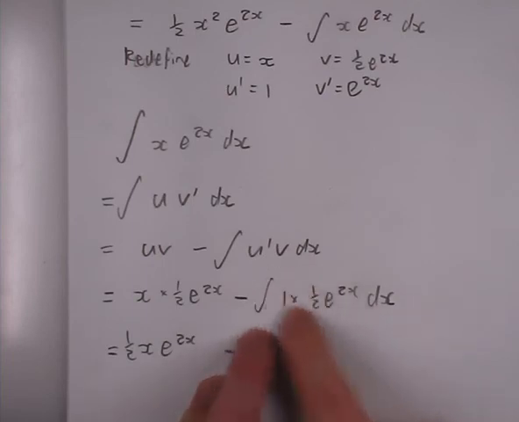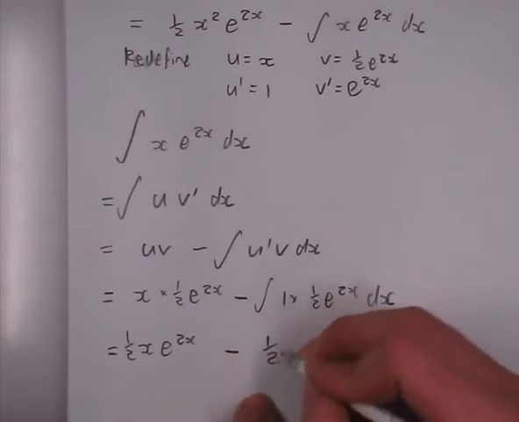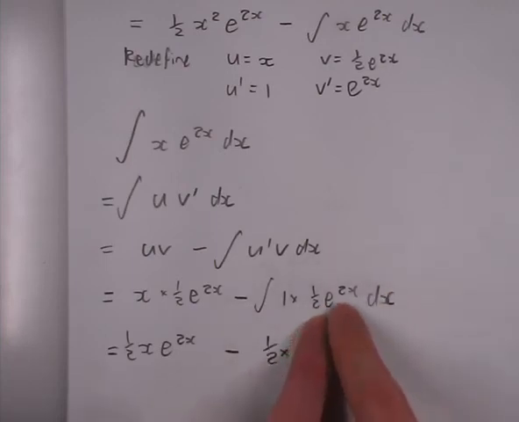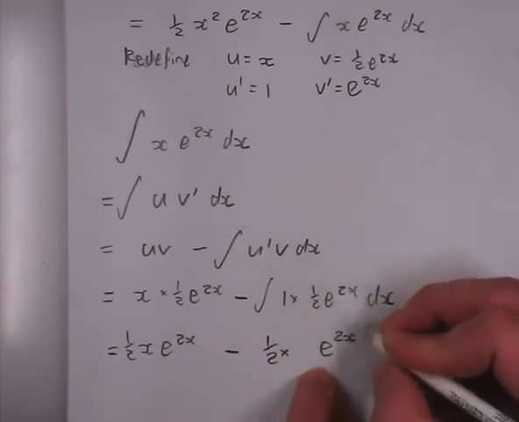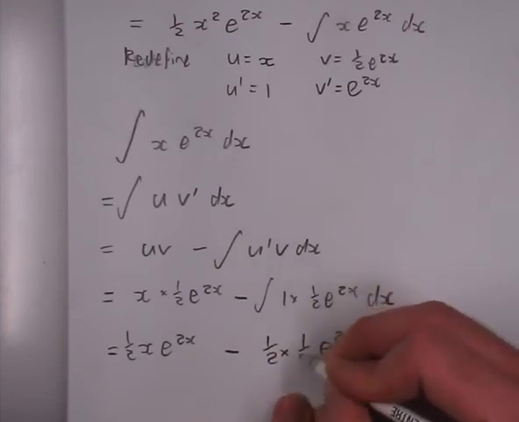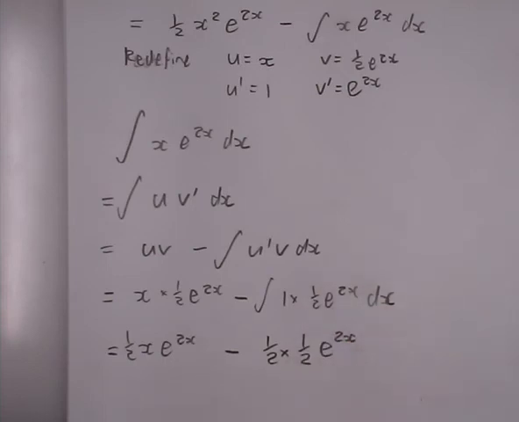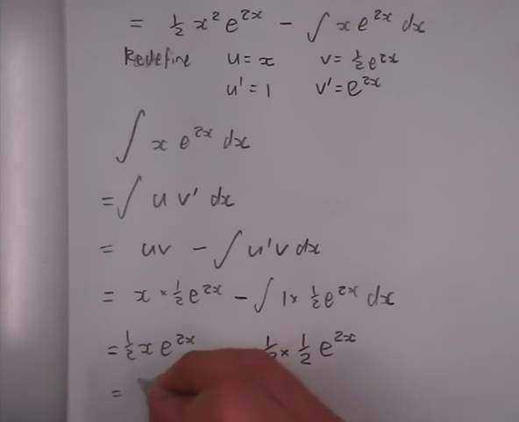So let's see, that's half times 1 is a half, so half is being multiplied, so when I integrate it, it will still be there. And the e to the 2x will stay as e to the 2x, but I'll have to divide by that constant derivative. I won't put the plus c in now, I'm just going to do that at the very end of everything I want to do.